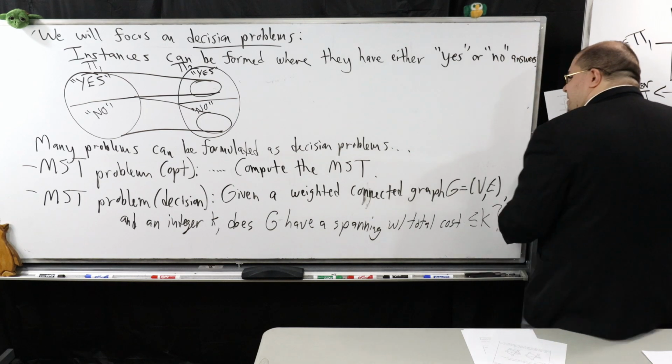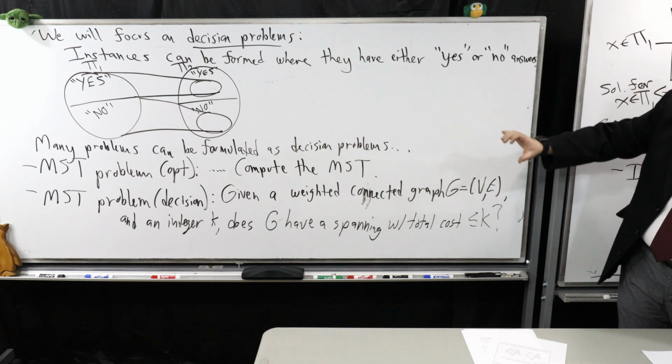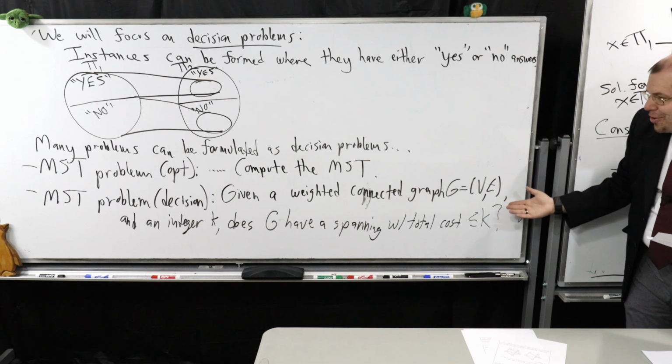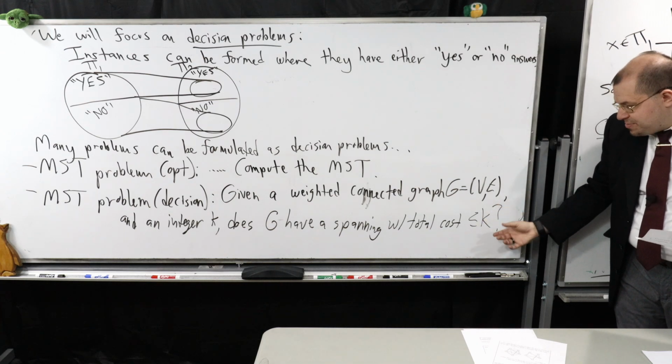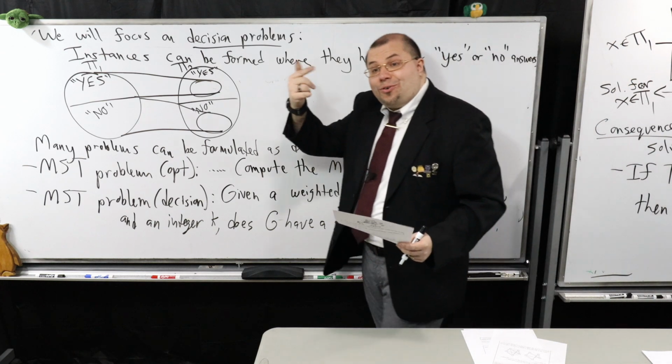Notice I framed it as a question. So I could reframe the minimum spanning tree problem as a decision problem, where I want to know if the graph G has a spanning tree with total cost at most K. The answer is either yes or no.